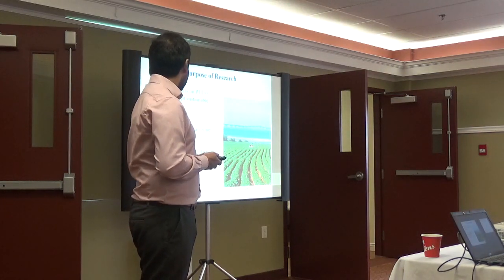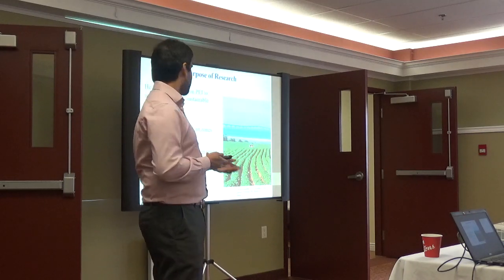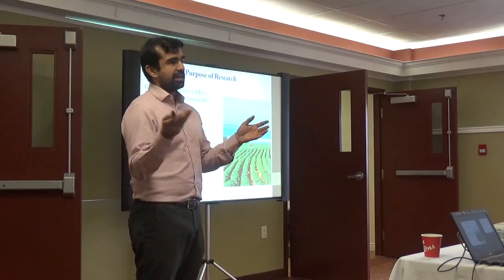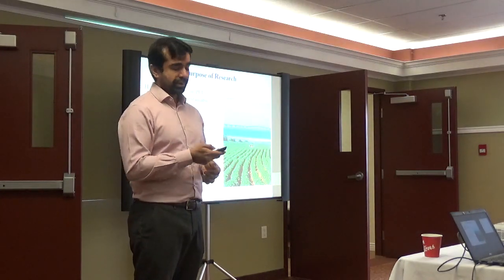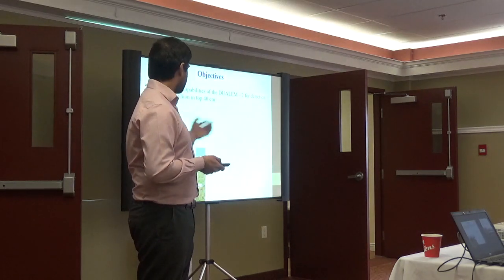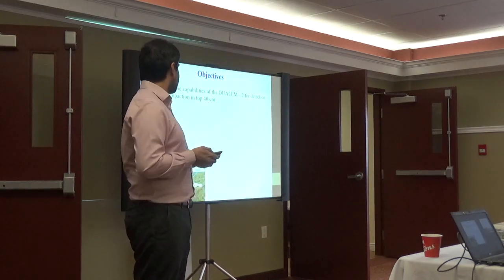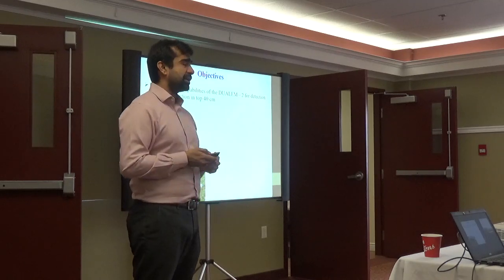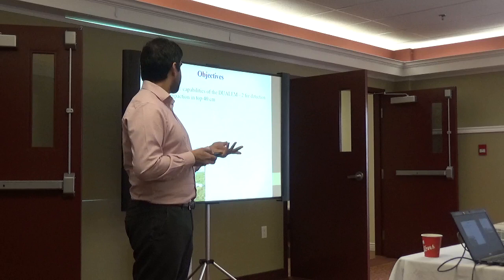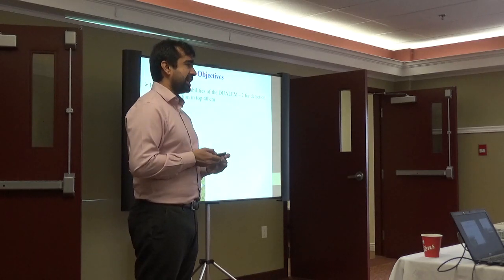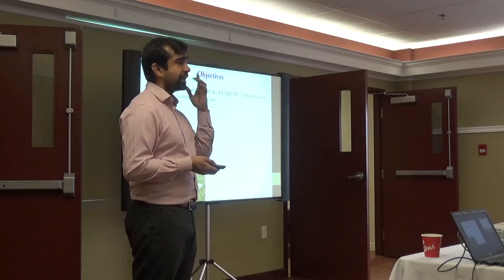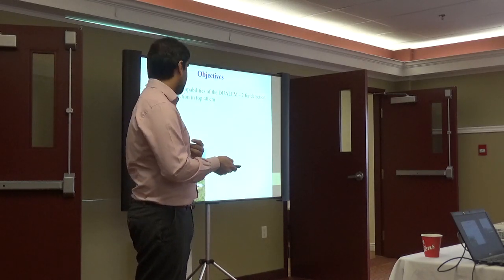Based on that, we want to develop management zones and variable rate tillage plans, which will ultimately help with conservation and improve profitability. The specific objective of this project is to look at the potential of EMI to detect compaction within potato fields in the top 40 centimeters. As I indicated earlier, anything lower than that, we don't have the equipment to break the hard pan, so we need to be a little bit practical here.